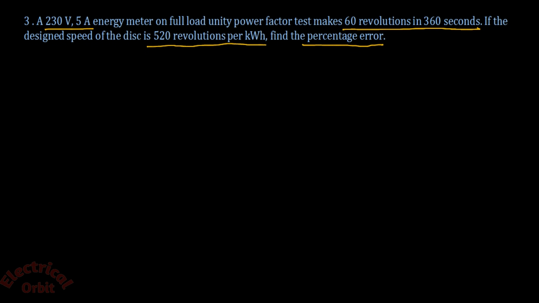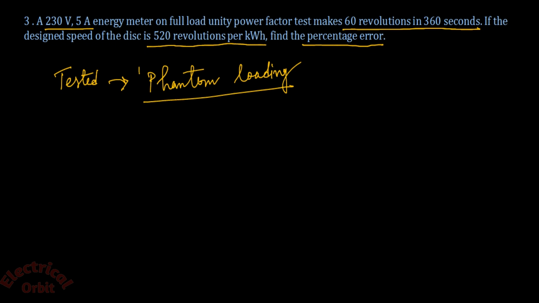So first understand the question. Before installation or large scale production, the meters are generally tested, and the process by which the meter is tested is called phantom loading. Though this is not important for this problem solving purpose, for your general awareness I am giving you the information. Whenever it is tested, it is found that the meter is making 60 revolutions in 360 seconds.